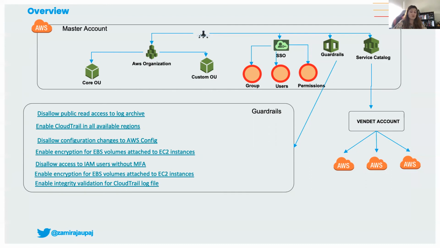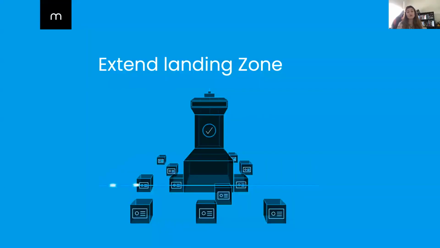It's a good point to start. As your company grows, you can extend the landing zone solution by adding more environments, more features, more security, more rules based on your needs and your requirements. So Control Tower can help you get quickly and safely into the cloud.